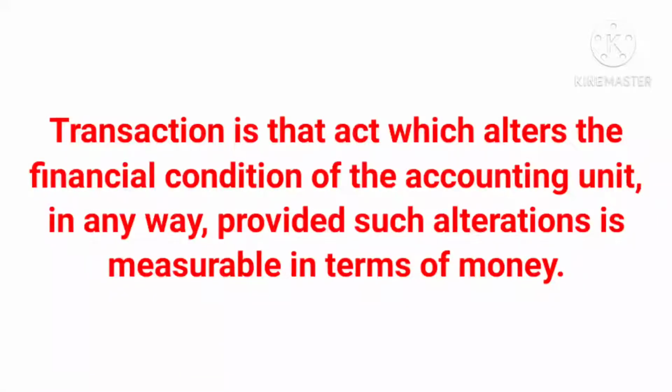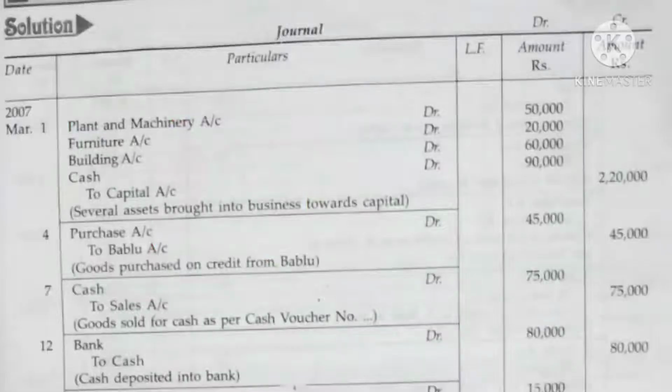Now we see how a transaction is recorded in double entry system. In double entry system, at first stage, every transaction is recorded in the books of account, which is called journal, and such records are called journal entries.